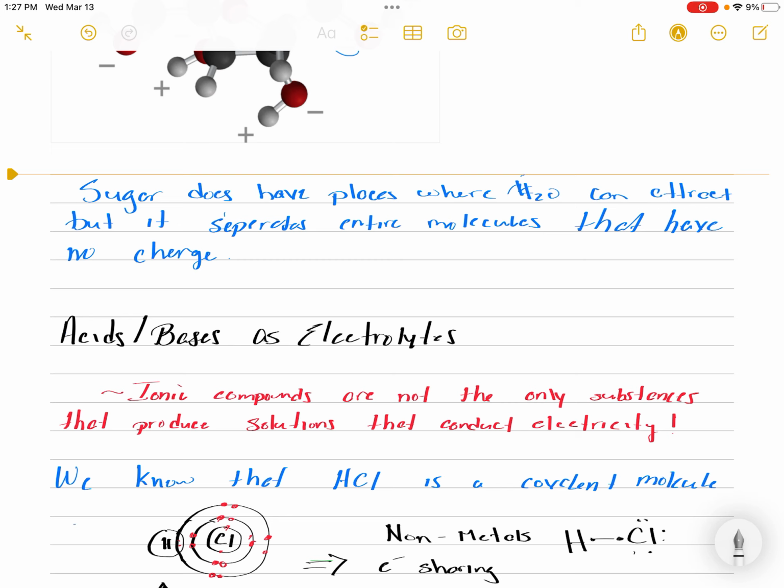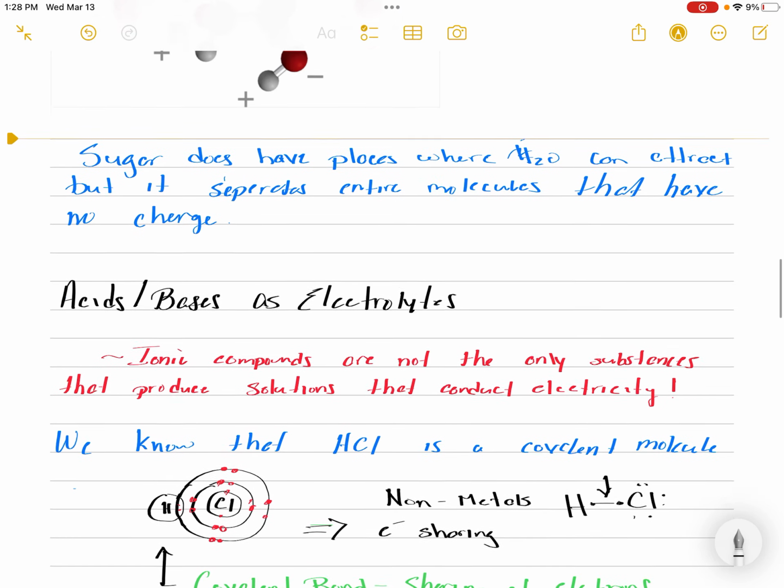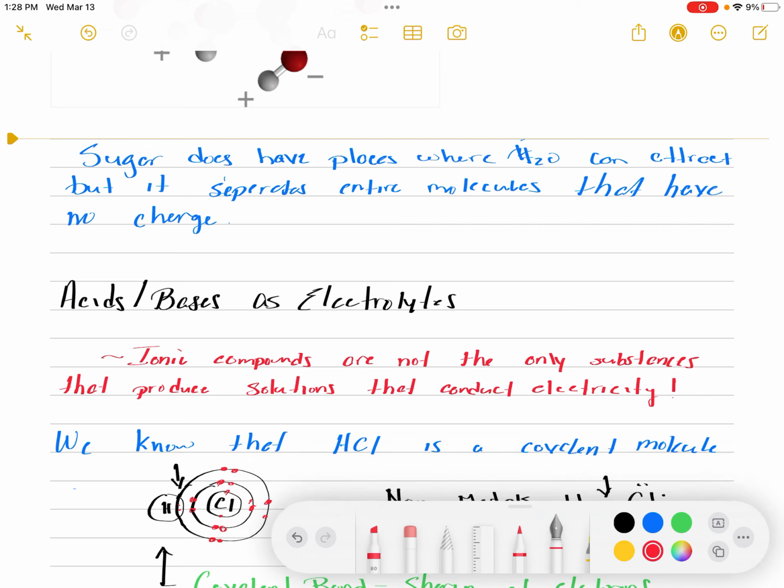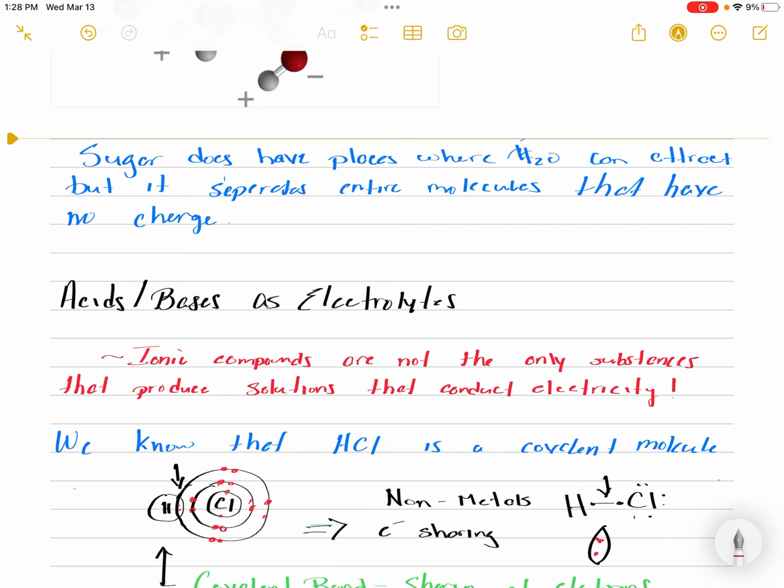Again, this is not a positively charged cation being attracted to a negatively charged anion. What's happening here is hydrogen and chlorine are sharing these two electrons right here, and you can see that from the Bohr model. If I zoom in a little bit more and look at this overlap space, we see that those electron clouds are overlapping and the electrons in there are being shared.